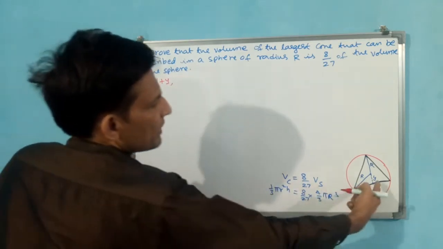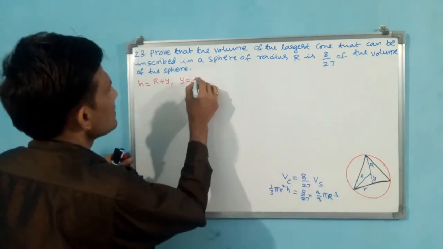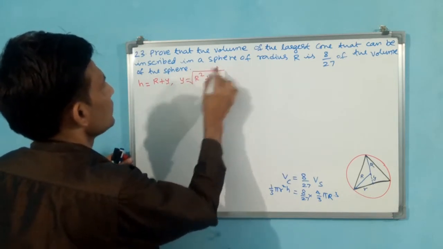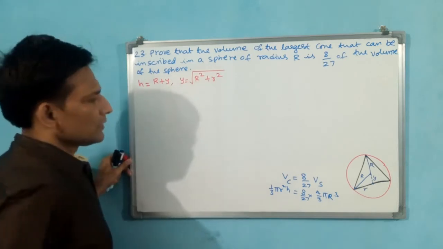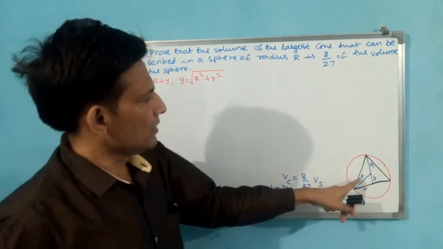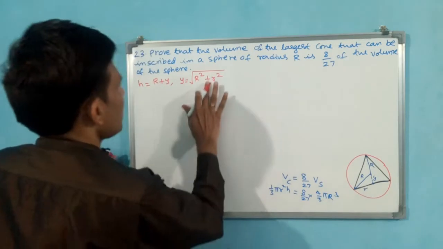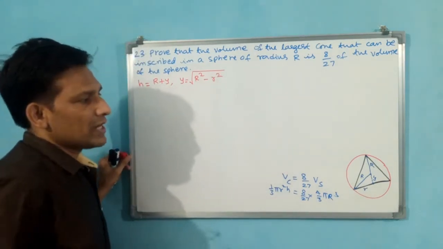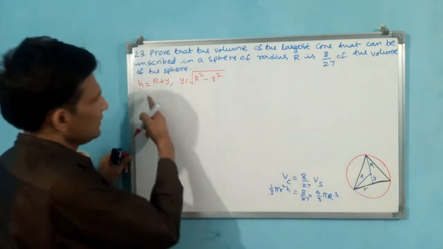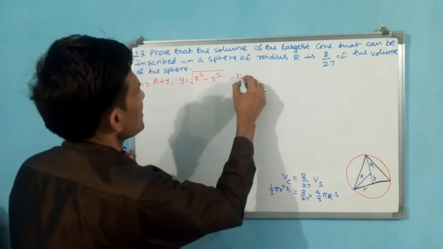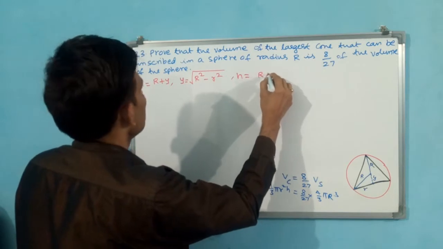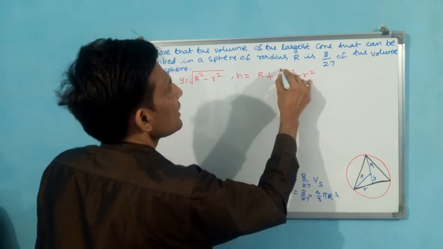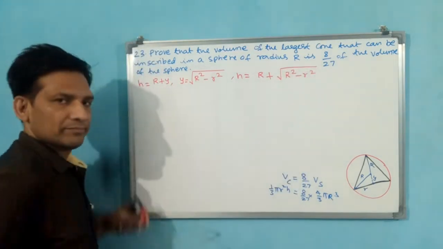Then how do you write y? y is equal to the square root of capital R square minus small r square. Then h is equal to capital R plus the square root of capital R square minus small r square. This will be the h.